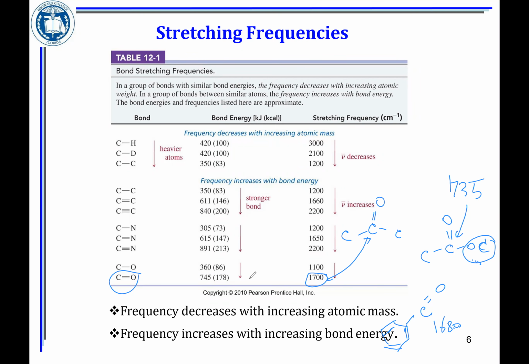So your 1700 is not always going to stay at 1700. Two factors affect it. Conjugation would lower the frequency. That works for every spectroscopy technique. An electron withdrawing group is going to increase that number.